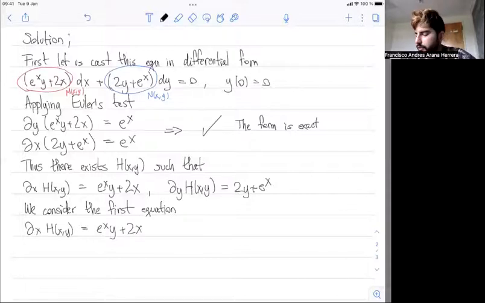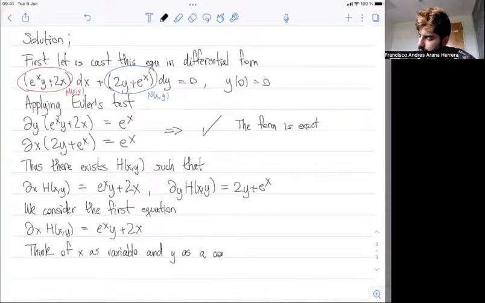What we're going to do is think of x as the variable, because we're taking partials with respect to it, and y as a constant. So in that case, this is an explicit equation. You can see I just have the derivative of a function equals another function.